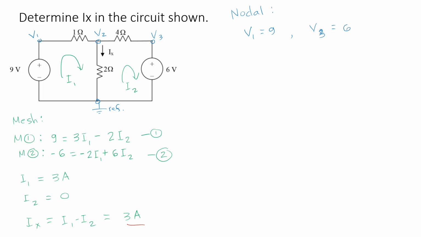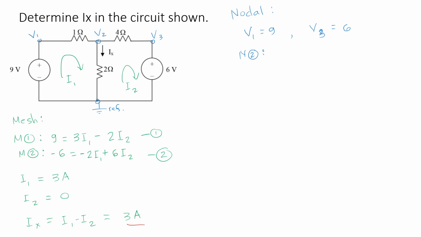So given these 2 node voltages, we only have V2 as the unknown. Now, to solve for that, we are going to formulate a node equation at node 2. And so by inspection, we get at node 2 the following equation.